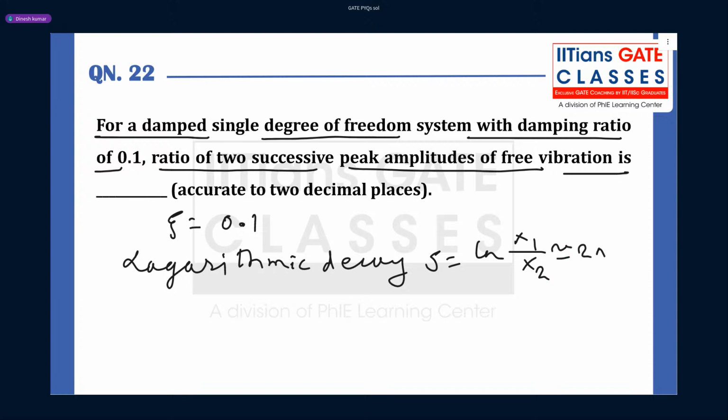Delta is approximately equal to 2 pi zeta. Now what is asked? They asked the ratio of two successive amplitudes.